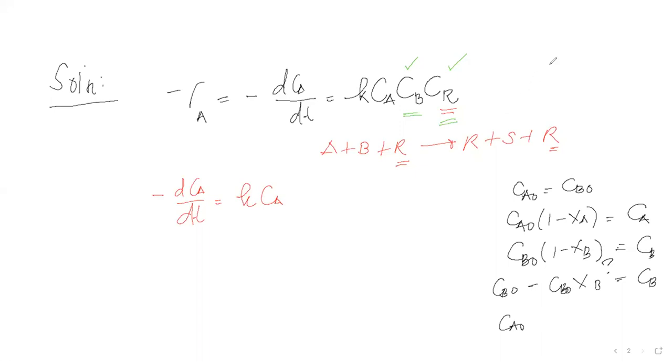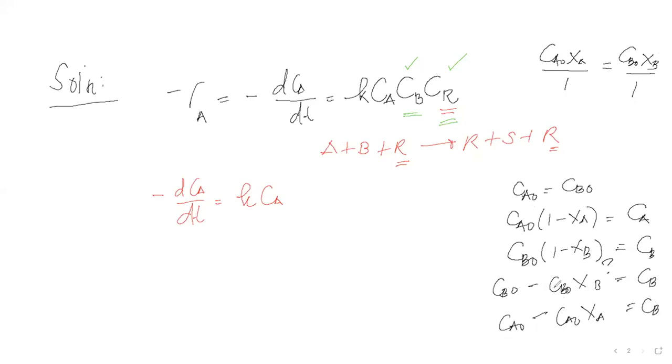In your stoichiometry, the amount of A reacting is equal to the amount of B reacting. Why is that? Because they have the same stoichiometric coefficient in your chemical reaction. So this CBO XB can be changed to CAO XA.